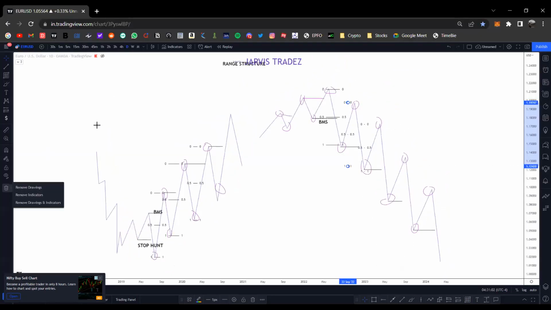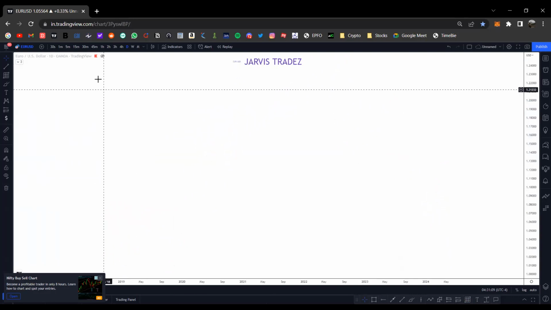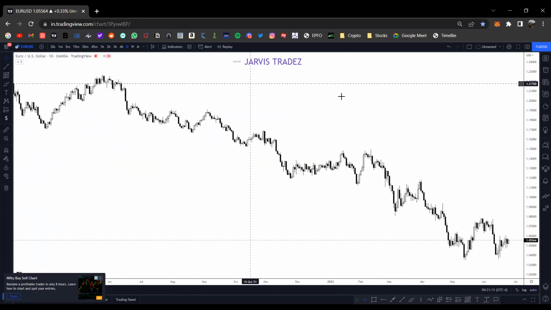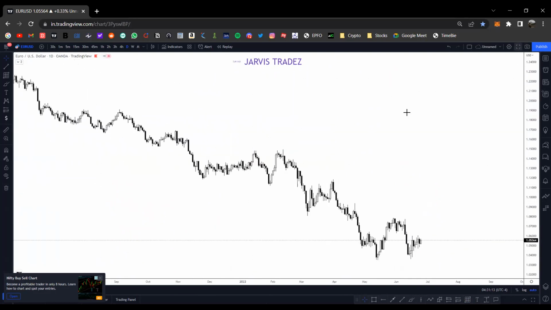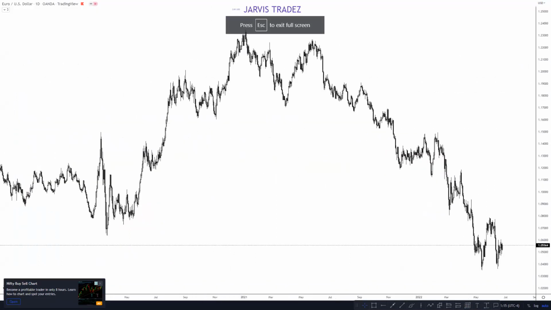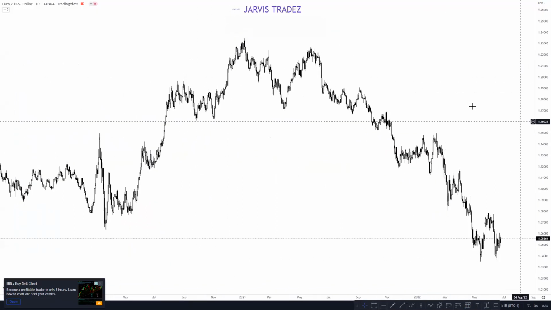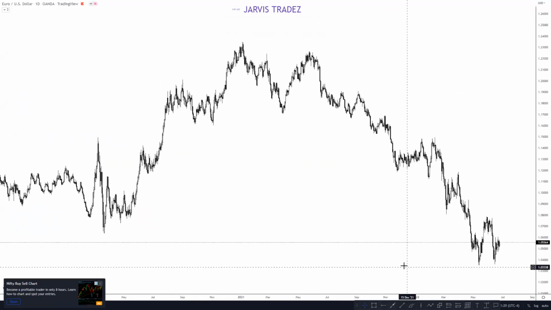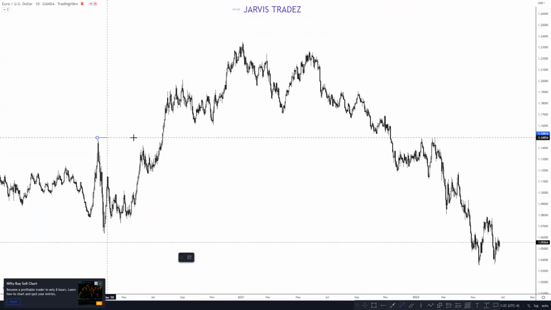So let's just go on to the chart. This is a daily chart of EURUSD. We had a break in market structure here towards the upside.